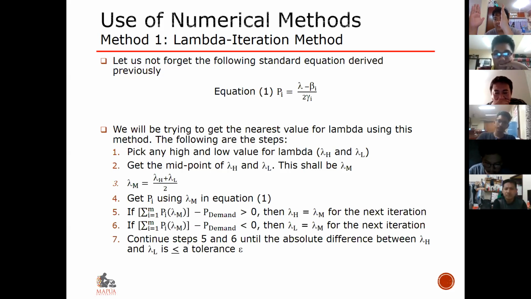Then in the next iteration, kung ginawa mo yung mid at kulang naman yung total generation to the demand, i-adjust mo yung low to the midpoint. Iterate hanggang pumunta doon sa pinaka-point na.